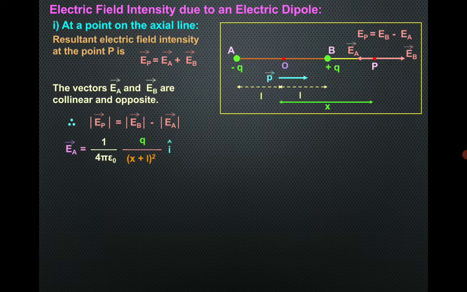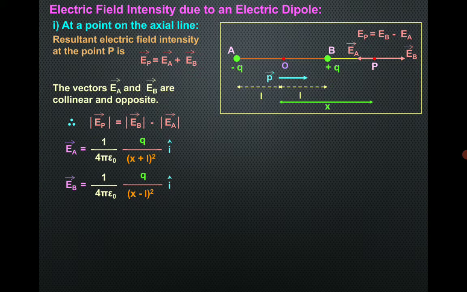Vector EA we can write as 1 upon 4 pi epsilon naught Q upon (x plus L) whole square I cap, and vector EB is equal to 1 upon 4 pi epsilon naught Q upon (x minus L) whole square I cap.